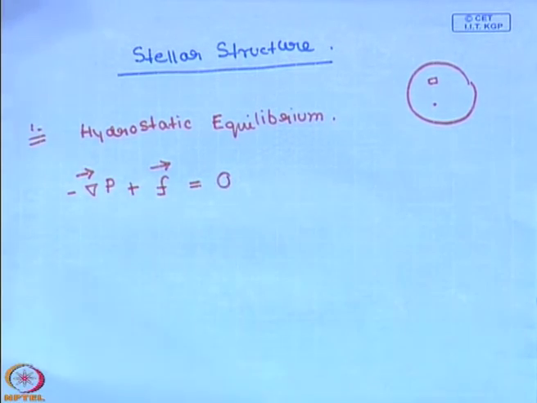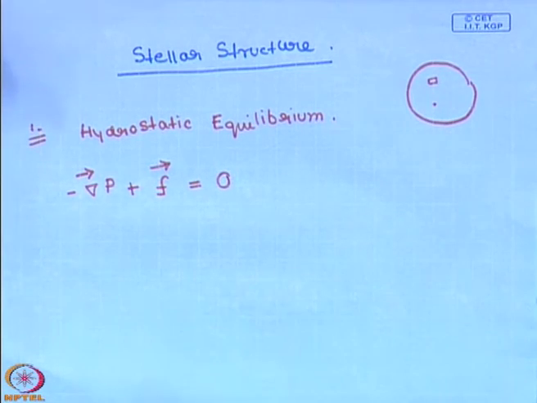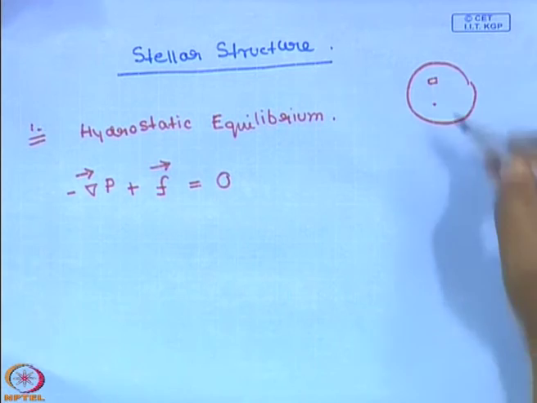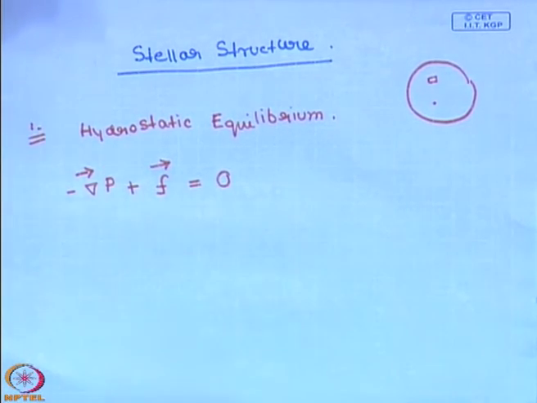That is the main consideration. So, if I consider any small element of this fluid, the pressure gradient across the fluid must balance the force per unit mass of the fluid.